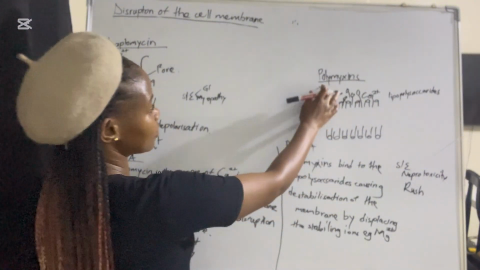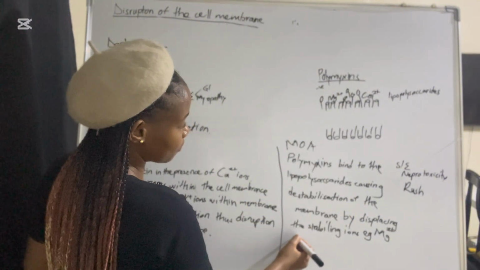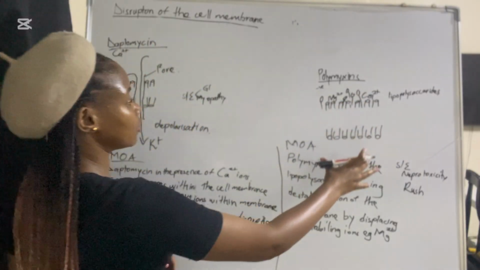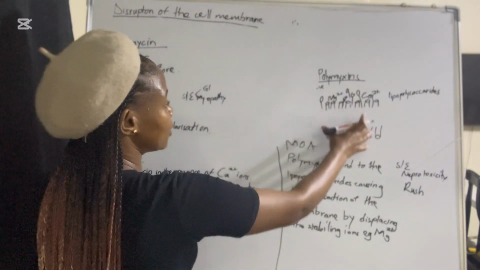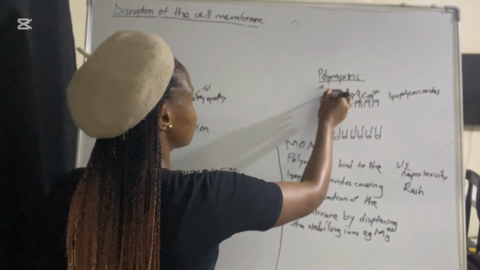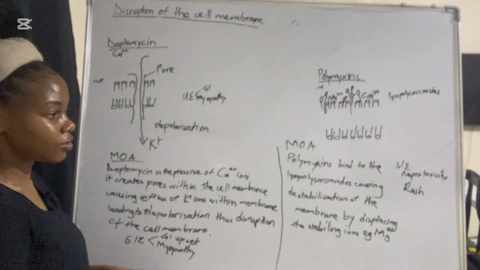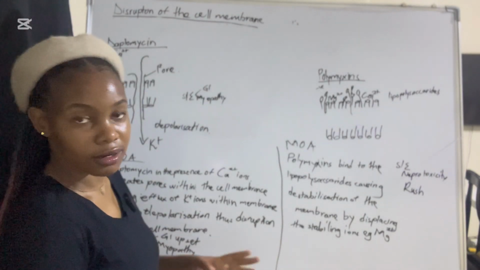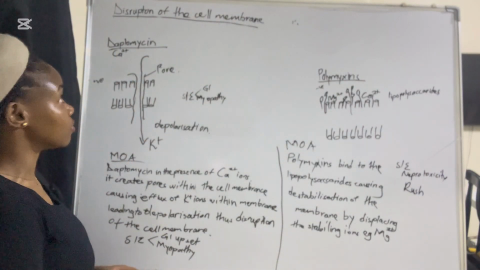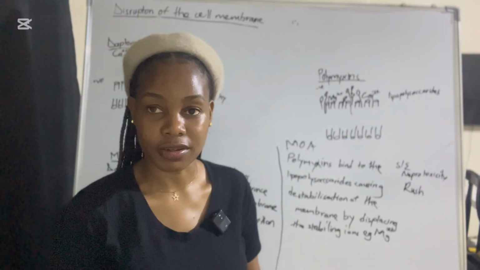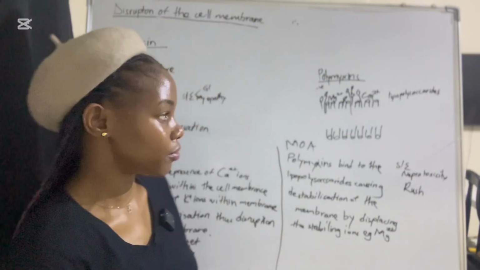Also, these polymyxins are capable of penetrating into the phospholipid layer, breaking down the phospholipid layer, causing its disruption. And that is all about the drugs that are responsible for disrupting the cell membrane.